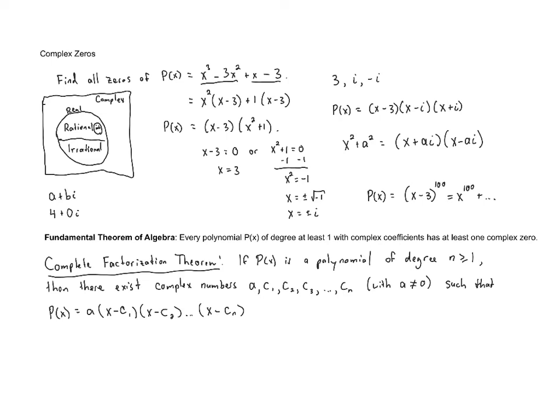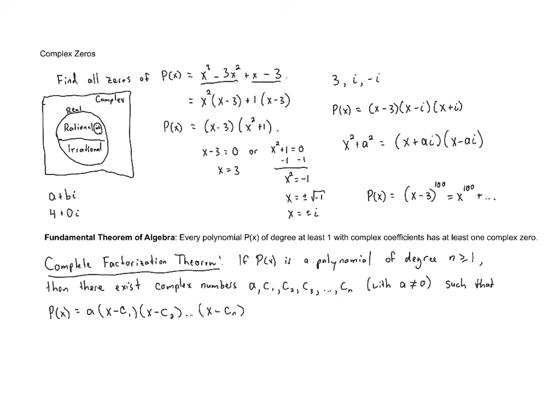Effectively, what this is saying is that an nth degree polynomial will have n factors and n zeros so long as we recognize that some numbers may appear to be a zero more than once.